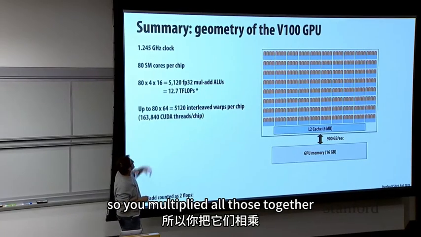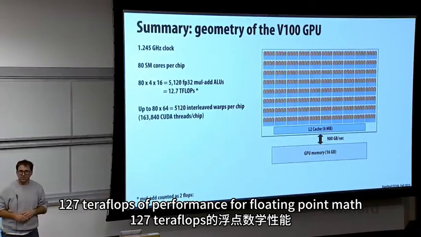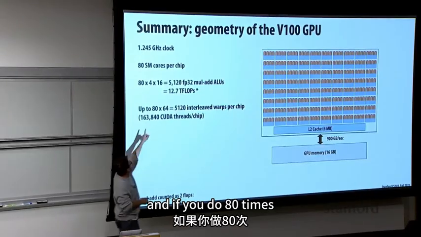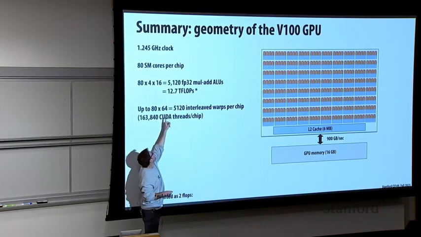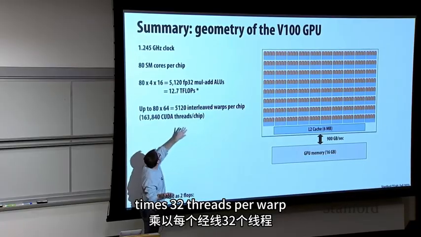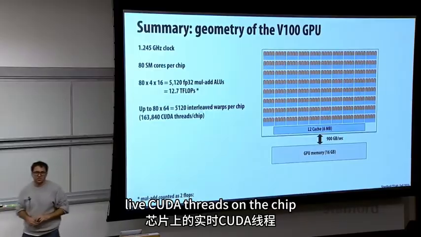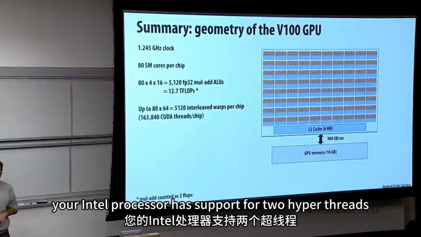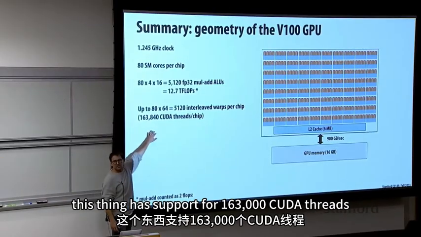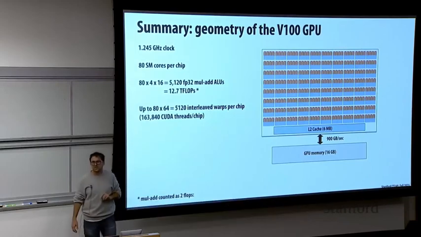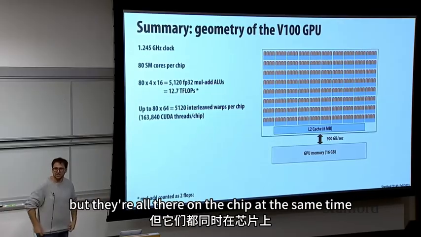You multiply all those together, that's 12.7 teraflops of performance for floating point math. And if you do 80 times 64 warps per SM, times 32 threads per warp, that's 163,000 concurrent live CUDA threads on the chip at once. So your Intel processor has support for 2 hyperthreads. This thing has support for 163,000 CUDA threads. They can't all execute at the same time, but they're all there on the chip at the same time.